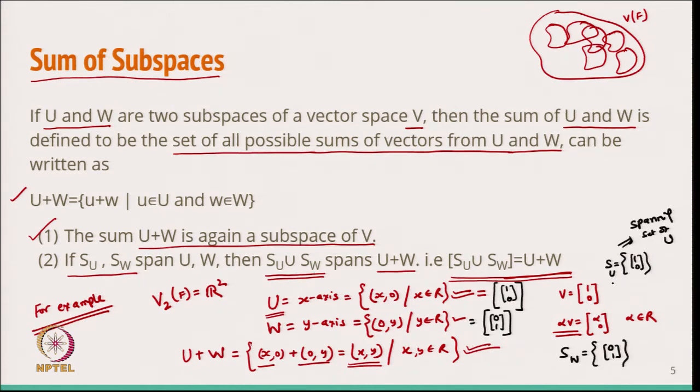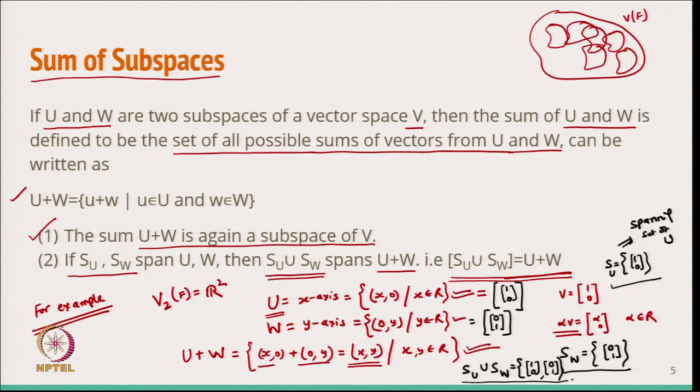If I define SU union SW, then it is going to have these two vectors together, 1 0 and 0 1. Union means I am taking this vector and this vector together.